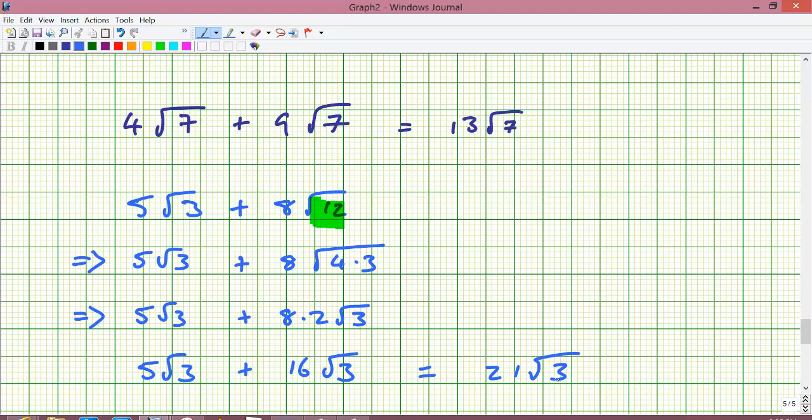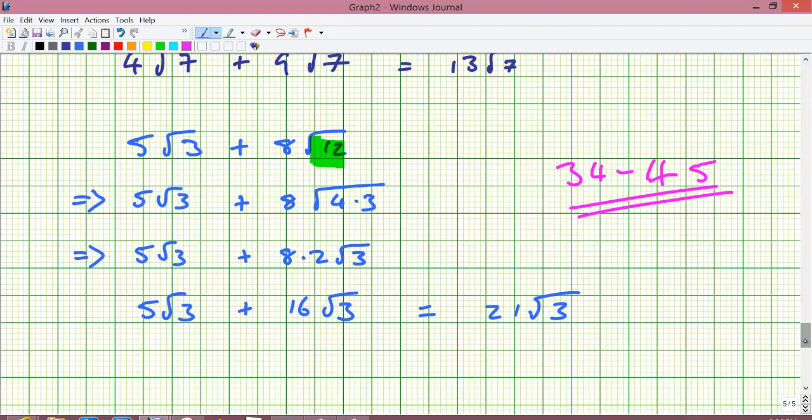So there are some problems there a bit further down the page. It's questions 34 to 45 with those sorts of examples. Actually, having read it, let's not do 45, let's do it down to 39.